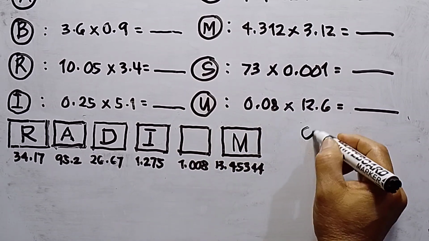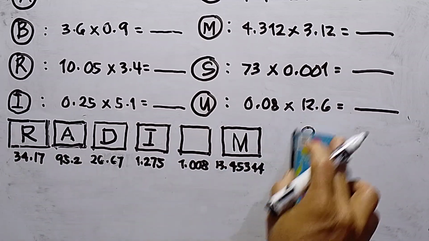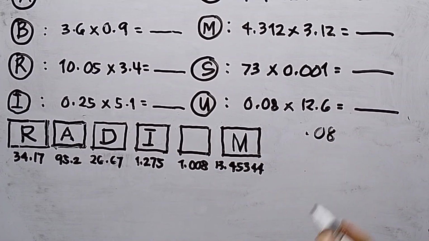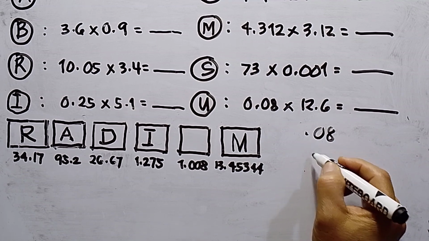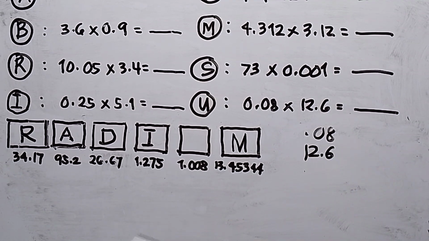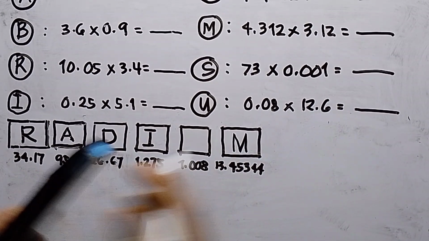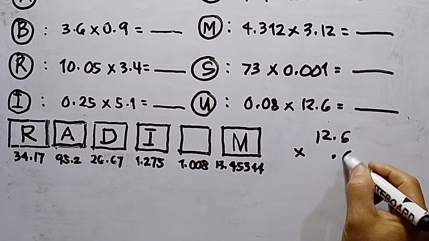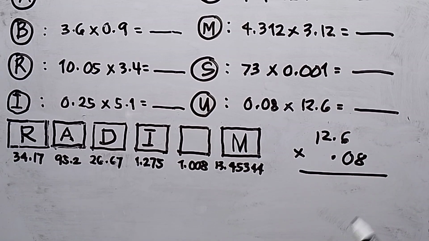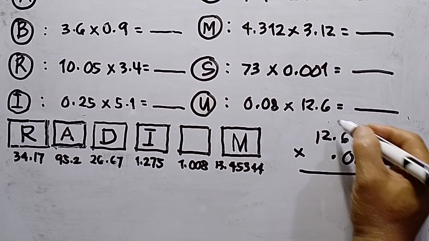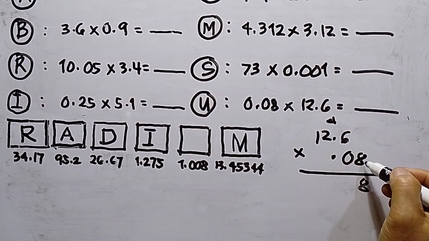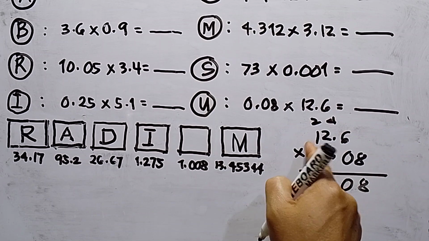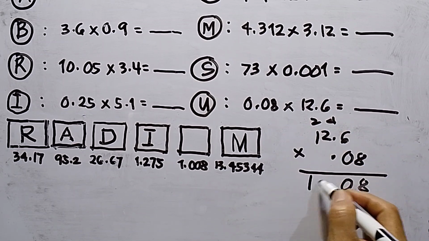So the factors are 0.08 times 12.6. It's better to use 12.6 times 0.08. Okay? So 6 times 8 is 48. Carry 4. 2 times 8 is 16. Plus 4 is 20. Carry 2. 1 times 8 is 8. Plus 2 is 10.